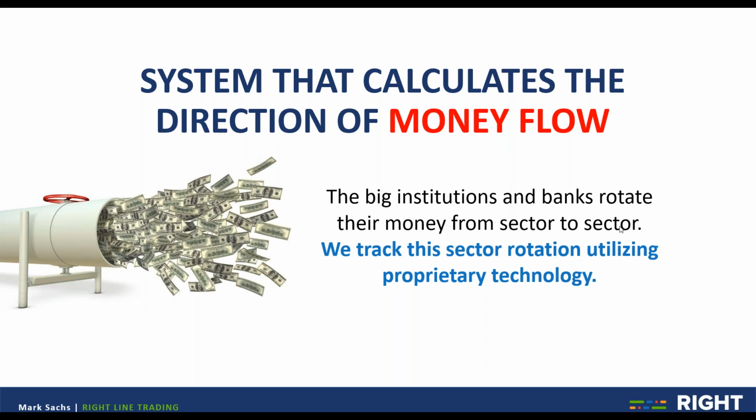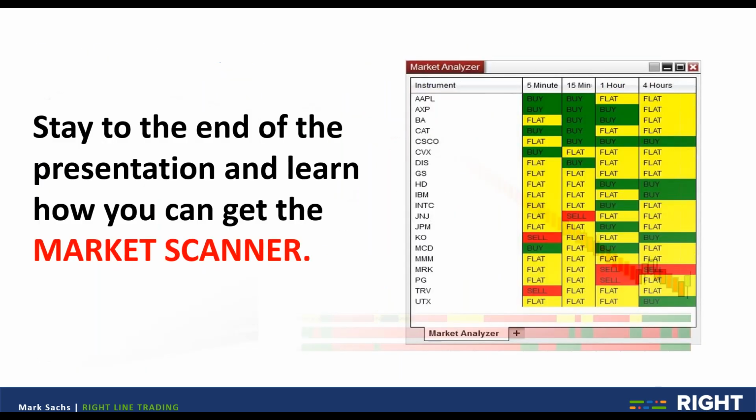So what we have to do is track the movement of money from sector to sector, knowing that the total sum of money present in the market in a given day is pretty much fixed. So I'm going to skip that.